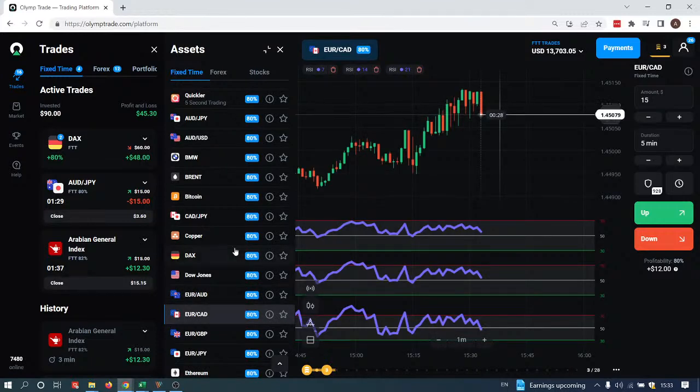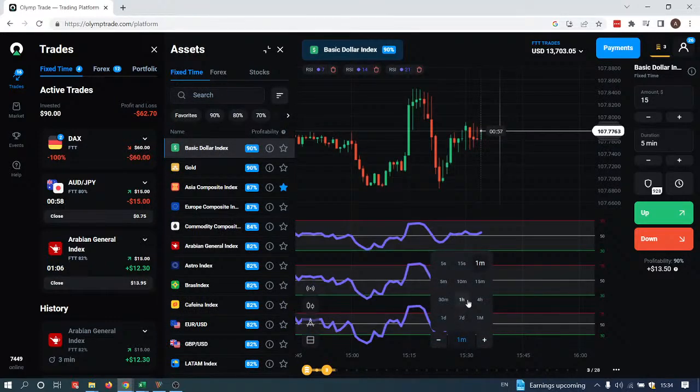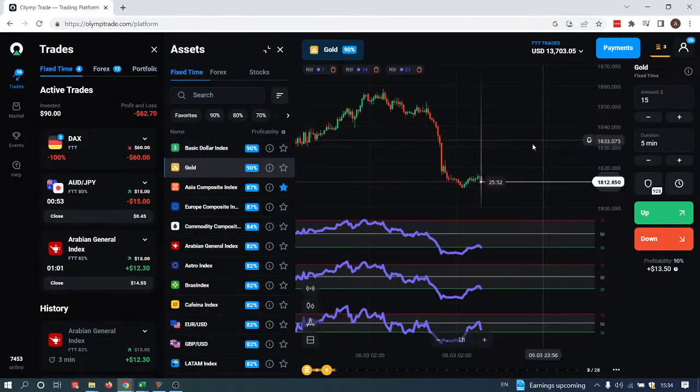So we are going to see what an evening star or shooting star candle is. Wow, that's a good question. I think we can find these patterns, but that's probably going to take some time. We need to switch to a 1 hour time frame, or even better a 1 day time frame.